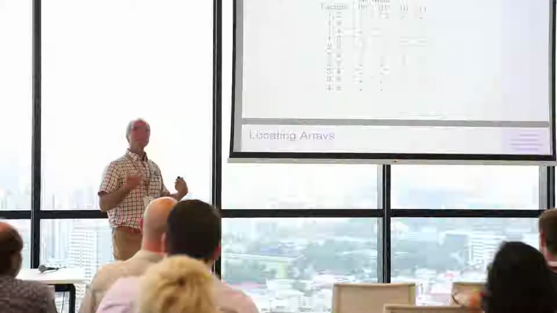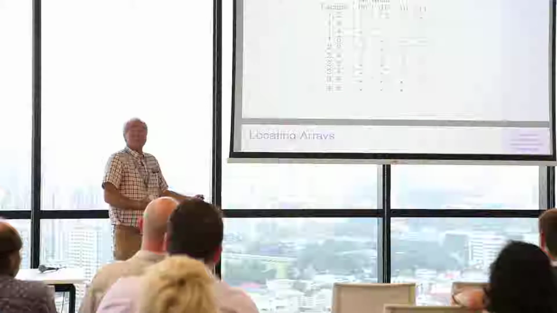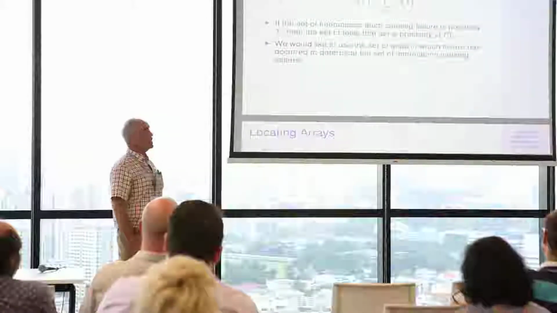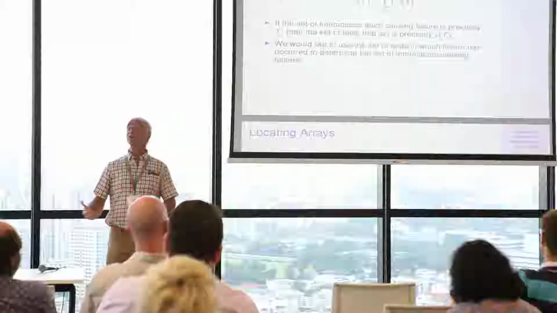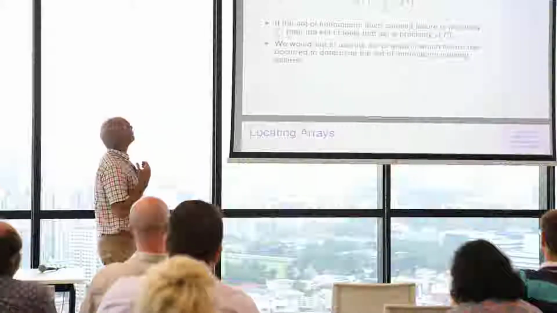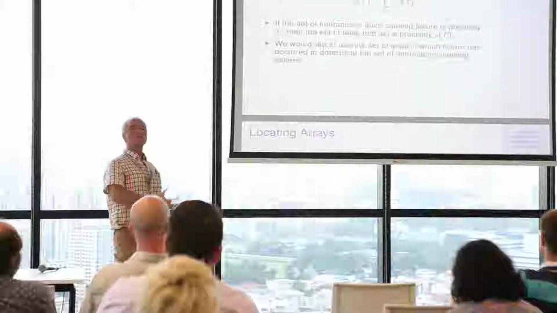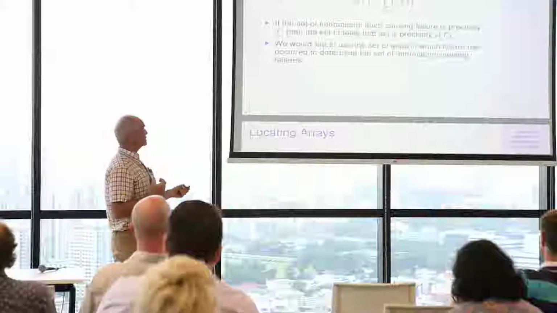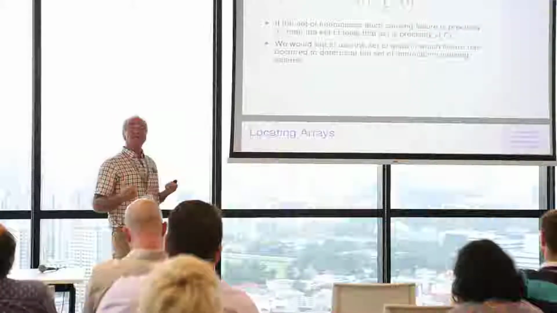So testing with covering arrays tells us whether or not there's a fault. But where is it? Locating arrays are designed to address this question of how to identify where the faults are. So what I'm going to do now is, imagine you've got a whole set of interactions. Then just look at the set of rows that contain at least one of them.